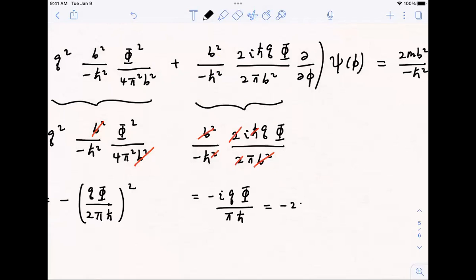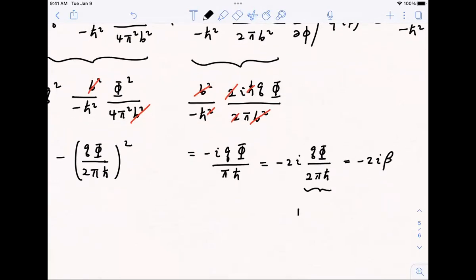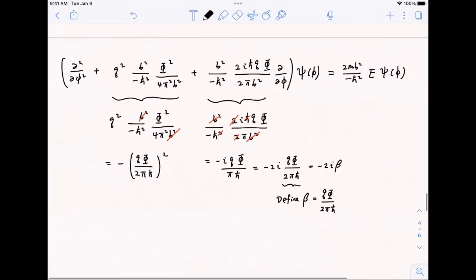And then you can add the 2 here. And then 2 pi h bar. We're going to define beta equal to Q. Okay, so sorry for all this.